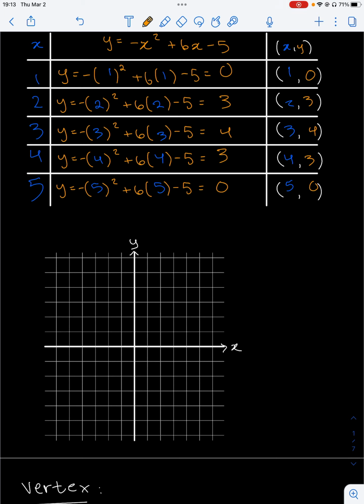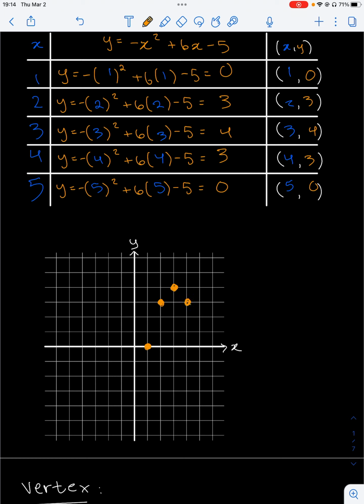Now, if you're somebody who can't do that math in your head quite yet, again, calculators are a resource, so you can type in the expression as you see it here, and a calculator should be able to compute those for you. A quick note about calculators is you have to make sure that you're using parentheses, especially when you are squaring a negative number.